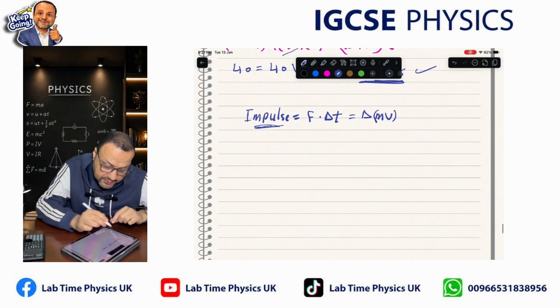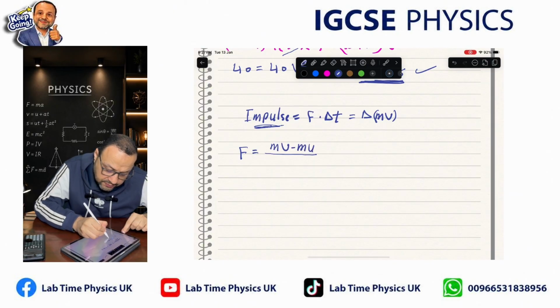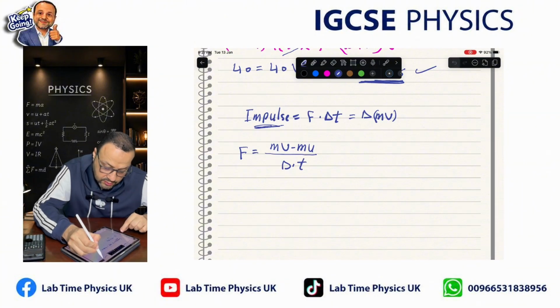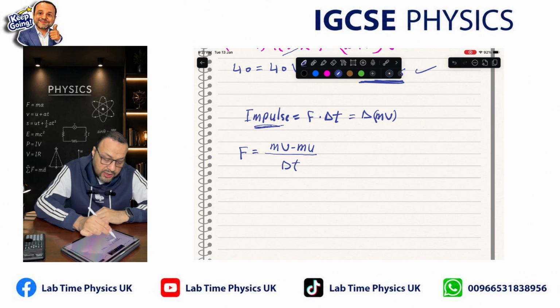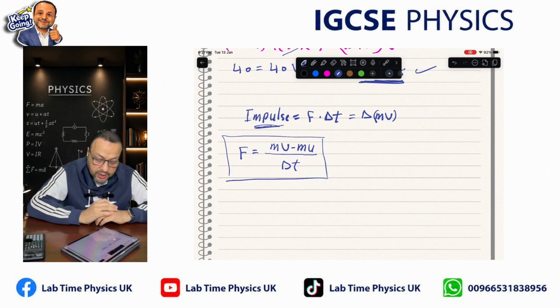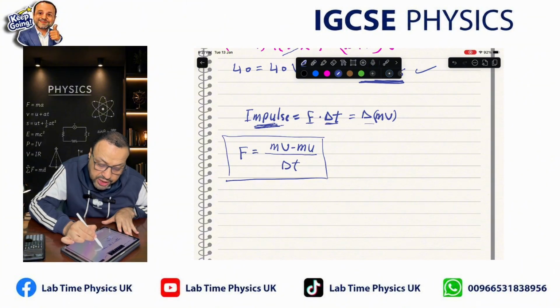So this means that I can write F as the subject, equal to (mv minus mu) divided by delta T. This will be the equation here. So we have impulse equal force multiplied by change in time equal change in momentum.